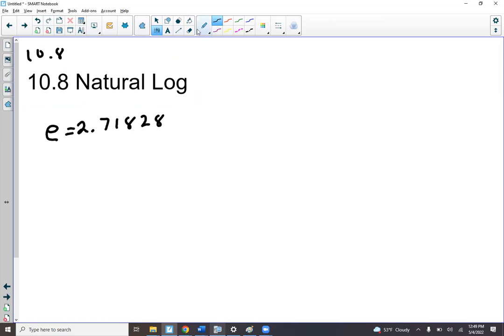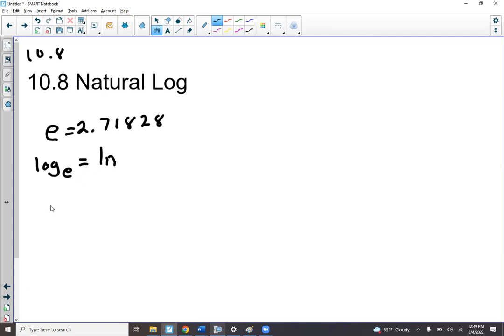You don't need to know this, but it is a special value that we care about, and it shows up in problems that we'll use in the future. Right now, all you need to know is that log base e is the same as ln. But all the rules that we applied in the previous sections will apply to this.